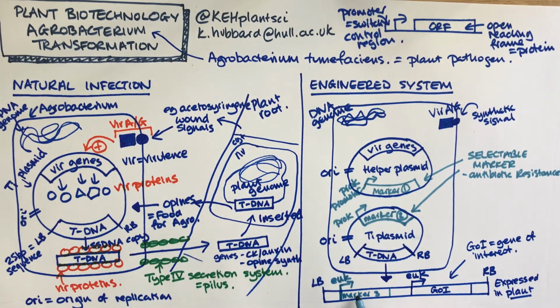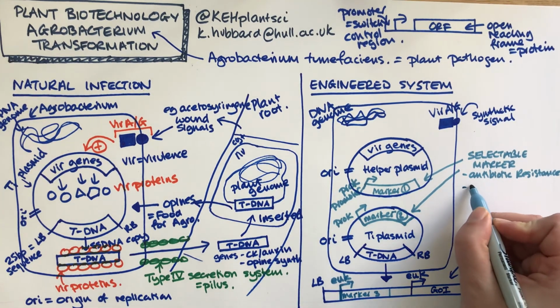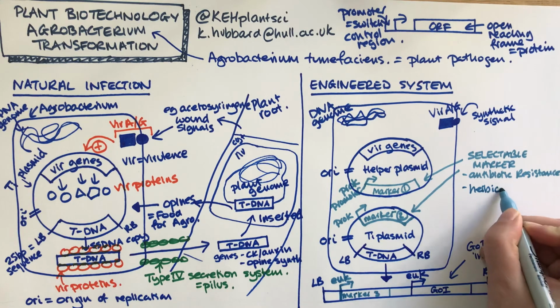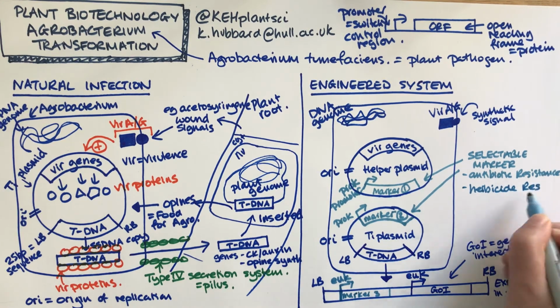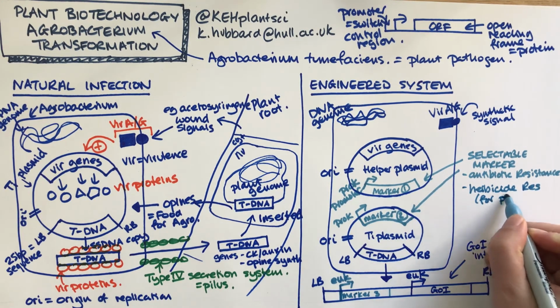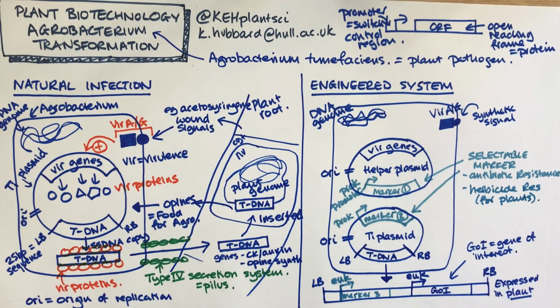And we can do that in exactly the same way. So we can have that as either an antibiotic resistance or a herbicide resistance gene. We can use both if we're in plants.